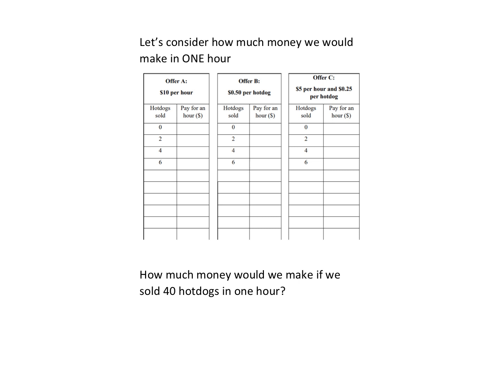So we could start by making a table of values for each offer. This is just a table for 1 hour, so how much I would make in 1 hour. And this is going to depend on how many hot dogs I sell in that hour. So offer A, where I'm getting $10 per hour, it doesn't matter how many hot dogs I sell. I could sell 0 hot dogs and still get $10 for that hour.